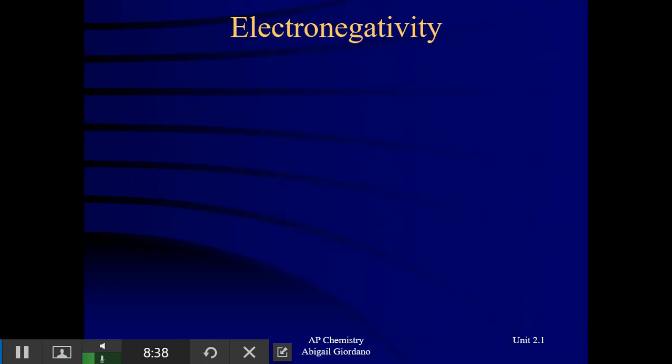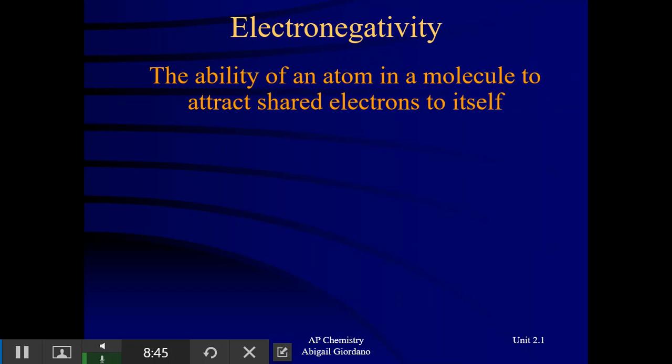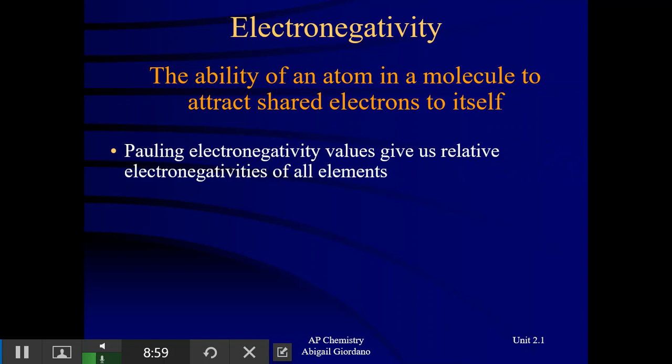Polarity all comes down to electronegativity. And I want to review that term with you back from our last unit. Electronegativity is the ability of an atom in a molecule to attract those shared electrons towards itself. And there's a chart in our textbook that has the values for each element.